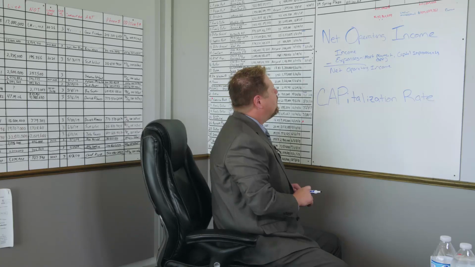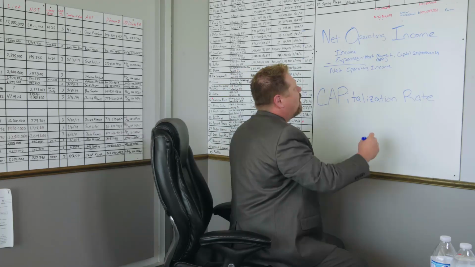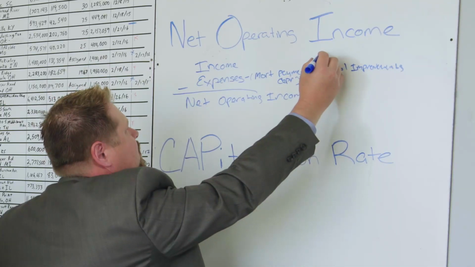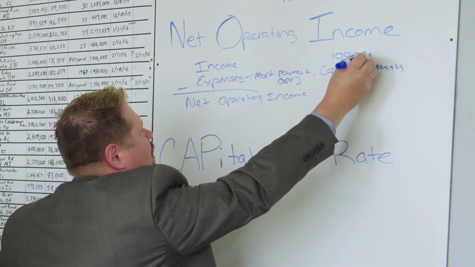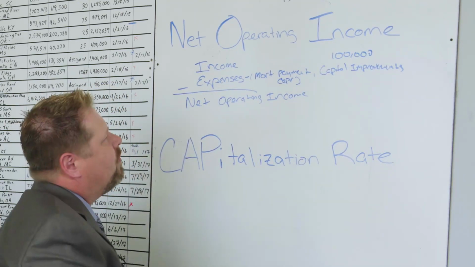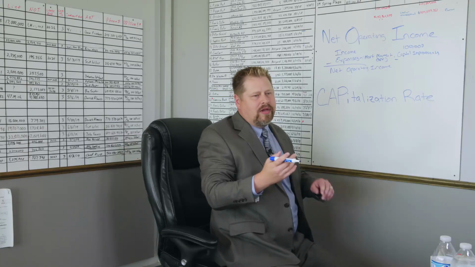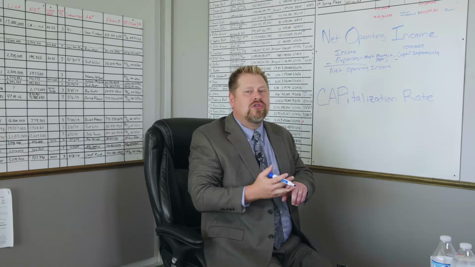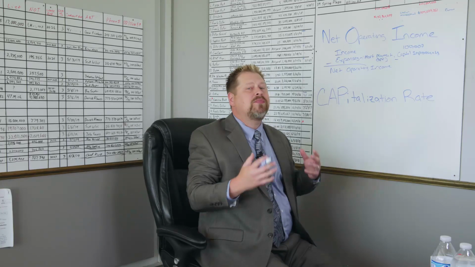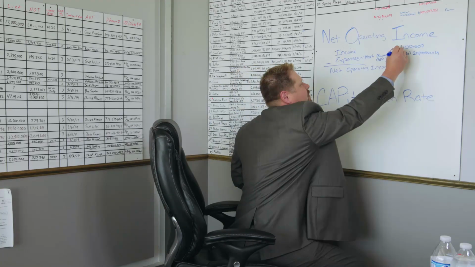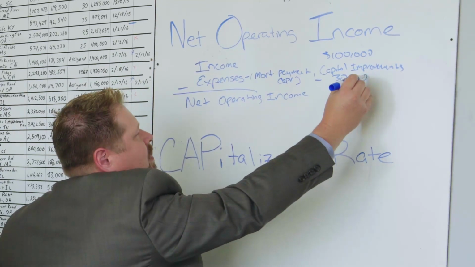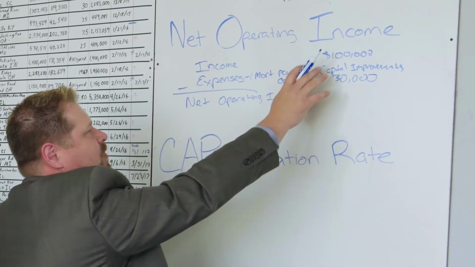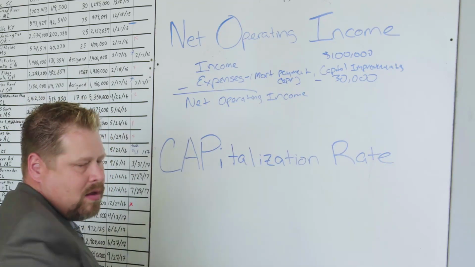If I have a property and the income on that property is $100,000 a year, and all of the expenses, including your taxes, your insurance, utilities, any expenses you have on the property, let's say that the total amount of those expenses are $30,000 a year. So I've got $100,000 in income.